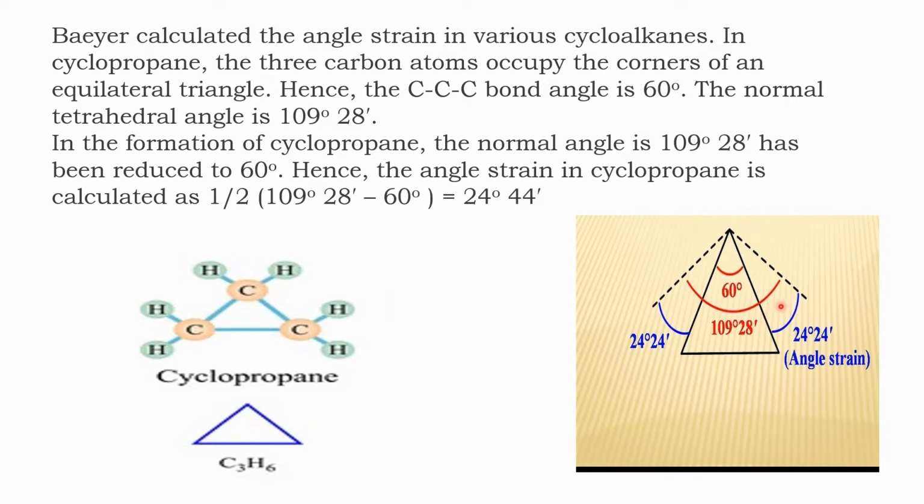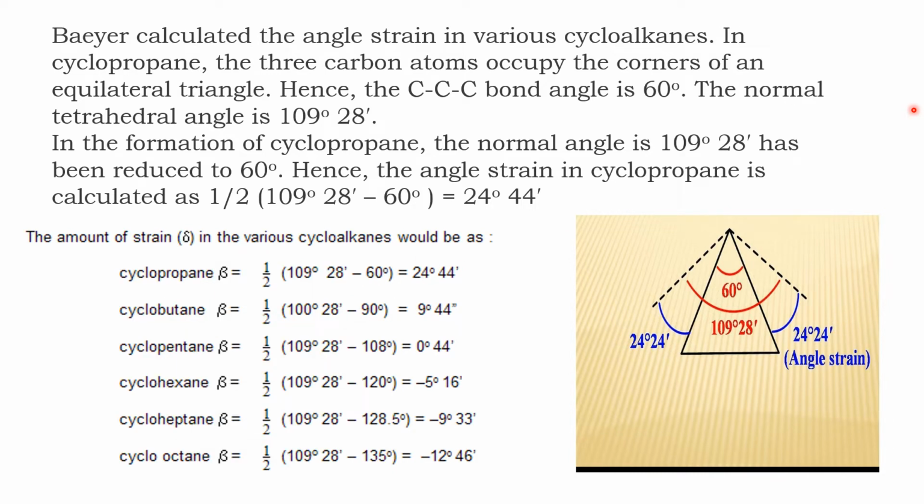Hence, the angle strain of this molecule is half into expected tetrahedral angle minus actual angle, that is 24 degree 44 minutes. So for cyclopropane, the angle strain is 24 degree 44 minutes. That means the molecule is strained by an angle of 24 degree 44 minutes.